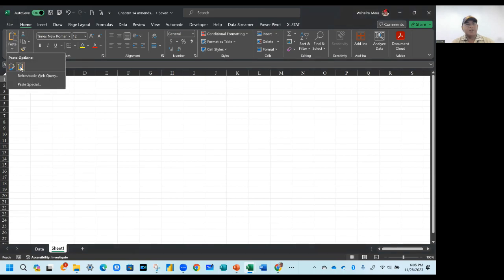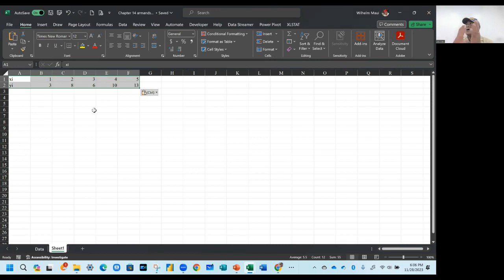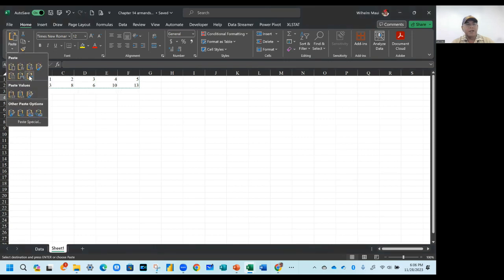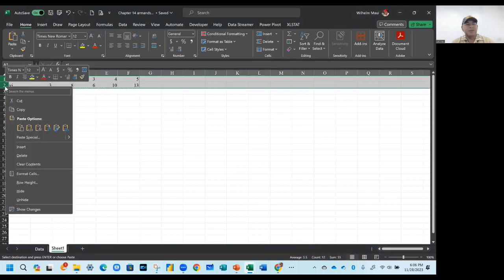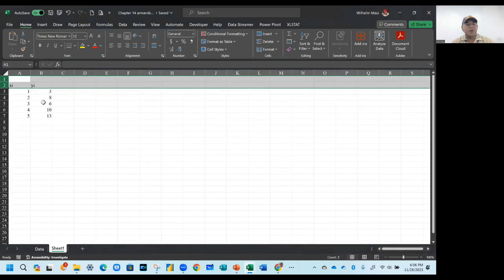I think everybody knows how this works now. You paste the values, but in Excel, you want to pivot so that your data are in columns. So I'm going to copy this, and then paste transpose. And then I will get rid of these on the top because I don't need them anymore.